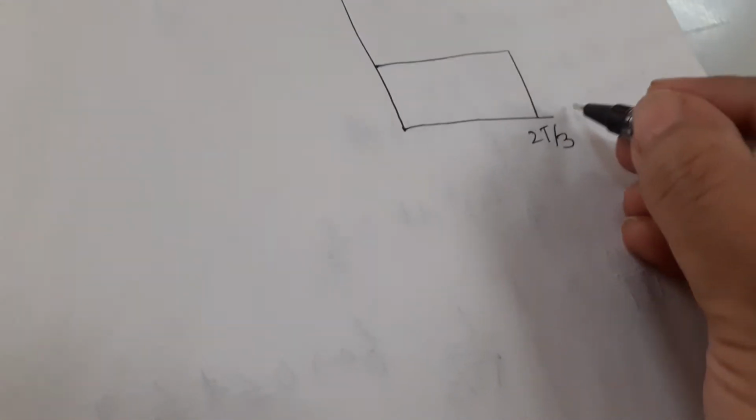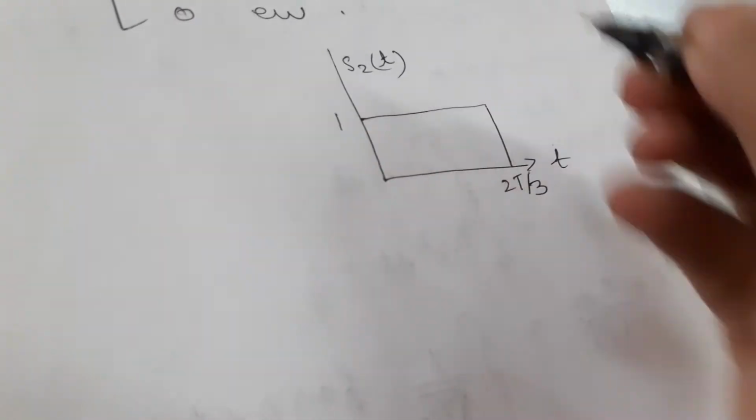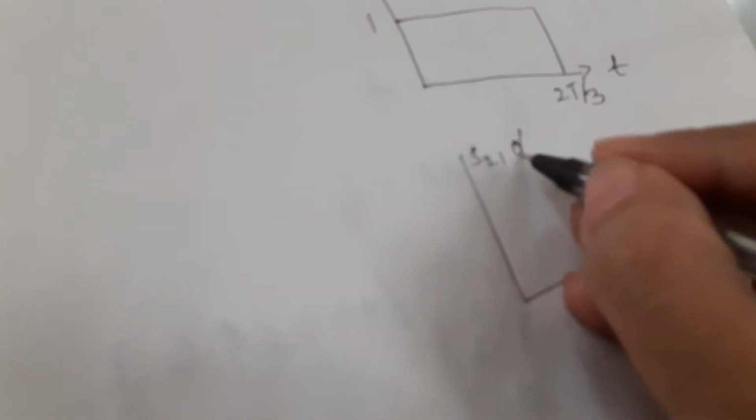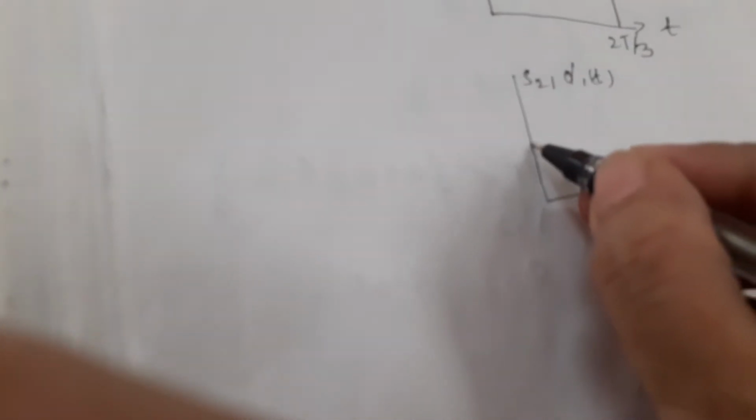So you can draw, first you draw S2 of t. From the question itself, it was 2T by 3, and this was T and this was 1. So this was S2 of t, and the value of S21 phi 1 of t that we calculated now, we will just draw it.